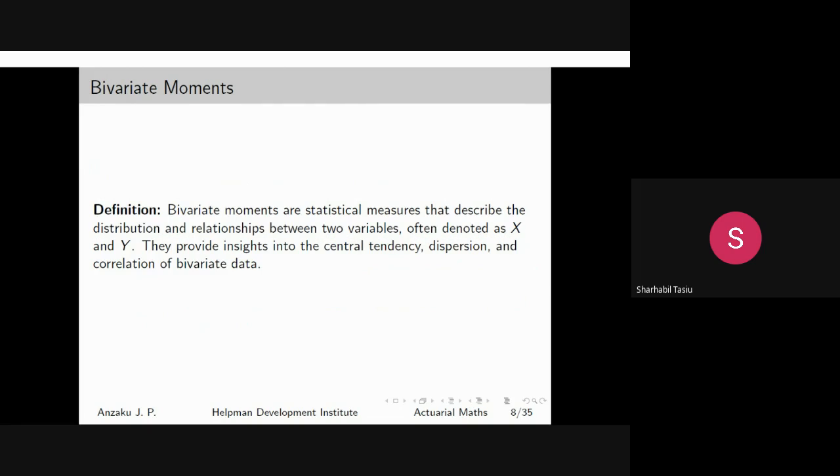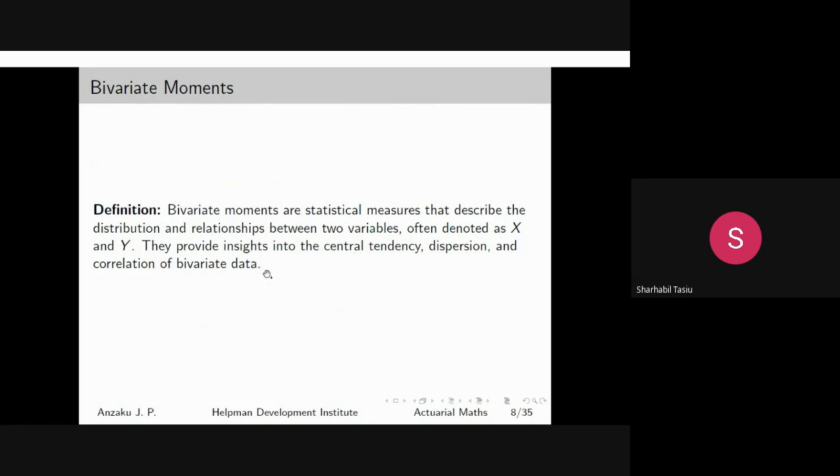A bivariate moment, or bivariate moments, are statistical measures that describe the distribution and relationships between two variables, often denoted as x and y. They provide insights into the central tendency, dispersion, and correlation of bivariate data.